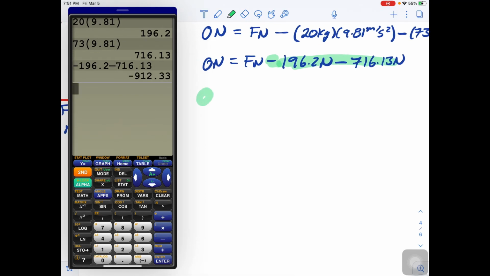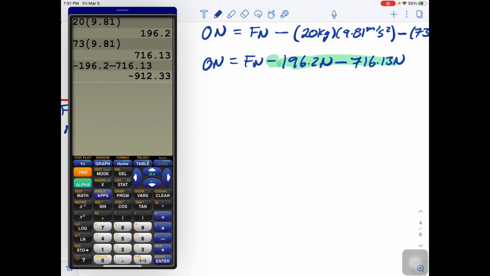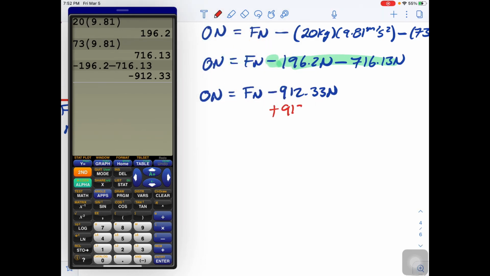So 0 newtons, whoops. 0 newtons equals the normal force minus 912.33 newtons. And now I can add 912.33 newtons to both sides. And therefore, I have learned that my normal force is 912.33 newtons, and there's my normal force.